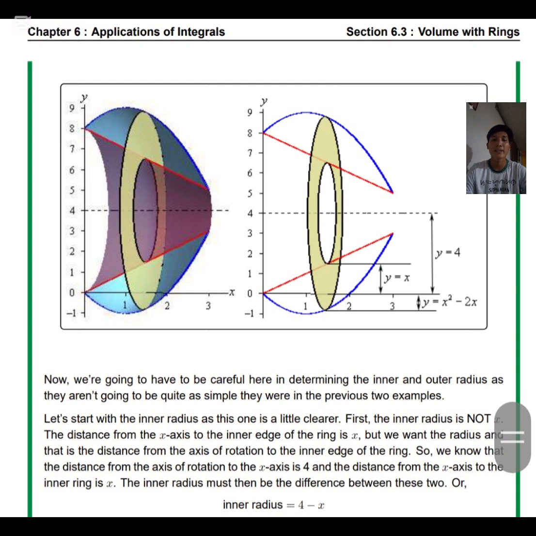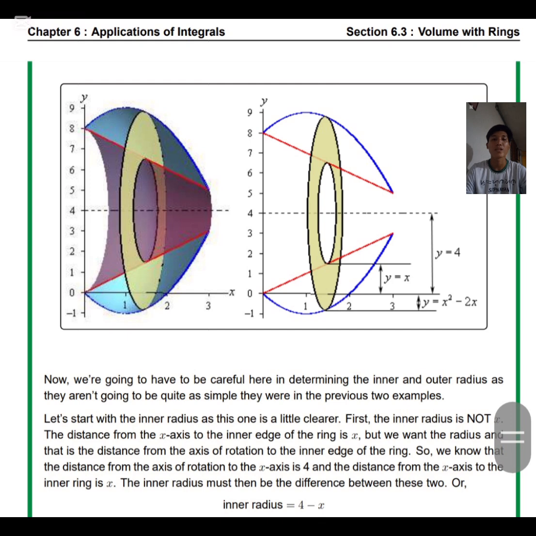First, the inner radius is not x. The distance from the x-axis to the inner edge of the ring is x, but we want the radius, and that is the distance from the axis of rotation to the inner edge of the ring.